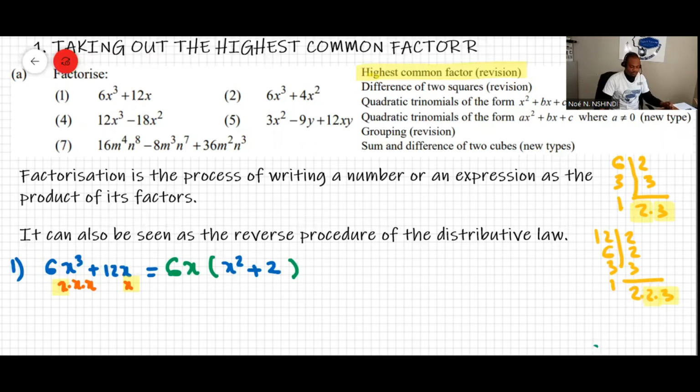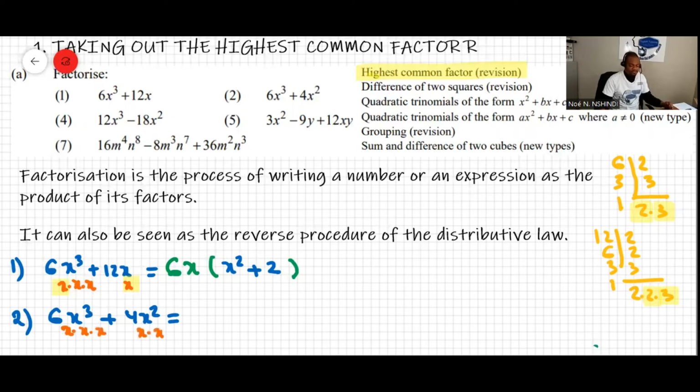And then question 2, we have 6x cubed plus 4x squared. Again, note that the x's here, there are 3 of them, so x times x times x. And then over here, we have 2 x's, x times x.